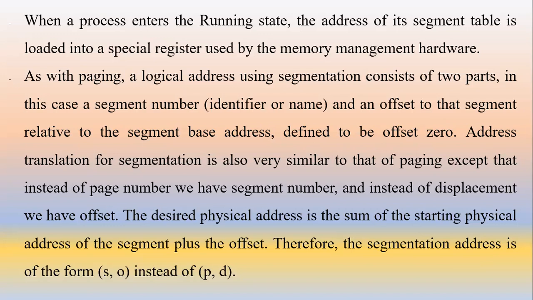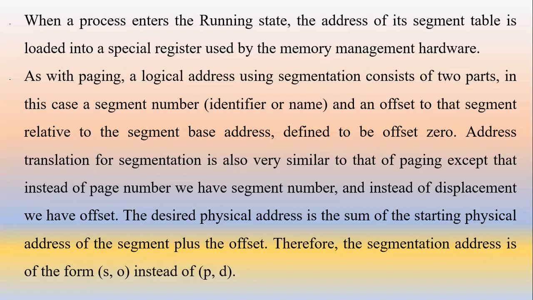Address translation for segmentation is also very similar to that of paging, except that instead of page number, we have segment number, and instead of displacement, we have offset. The desired physical address is the sum of the starting physical address of the segment plus the offset, just as it is for paging.